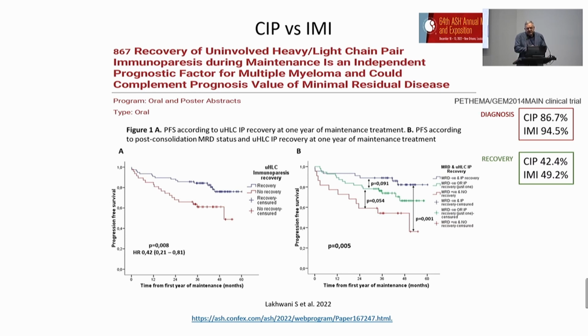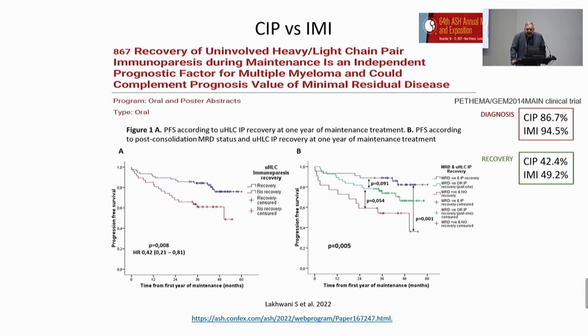Probably this is the most important study to date in the field. This is a study of the Spanish group of myeloma in a clinical trial, the GEM2014MAIN, which is a clinical trial of maintenance therapy in these patients.